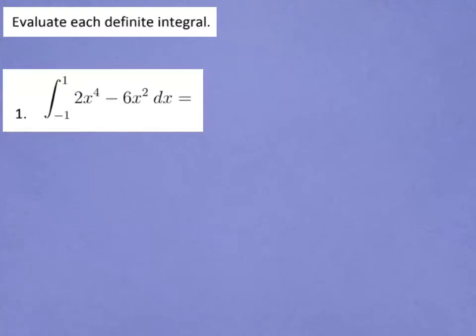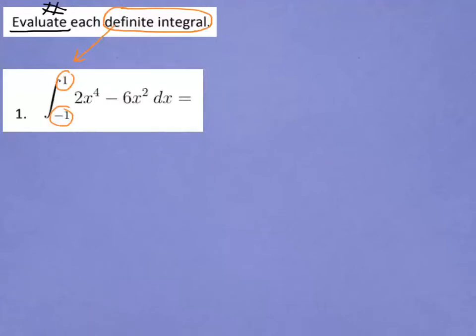For the two example problems shown in this video, it's asking us to evaluate each definite integral. That term definite integral refers to the fact that the integral has bounds. It has an upper and lower bound, which indicates that my final answer is going to be a number.